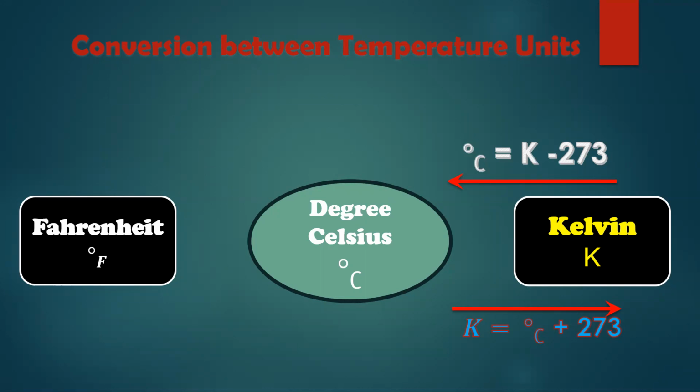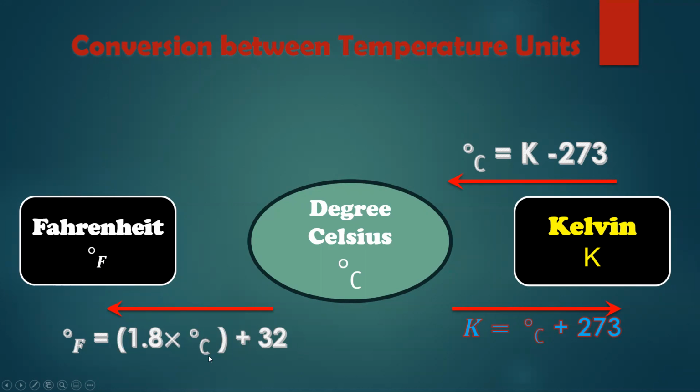A bit more difficult is the conversion between Celsius and Fahrenheit. In order to convert from degrees Celsius to Fahrenheit, let's see the equation. If you are given the degree Celsius, and you are asked to get the equivalent Fahrenheit value, then Fahrenheit equals open bracket, we have to calculate the bracket first, 1.8, a constant value, times the value of degree Celsius, close bracket, then plus 32.